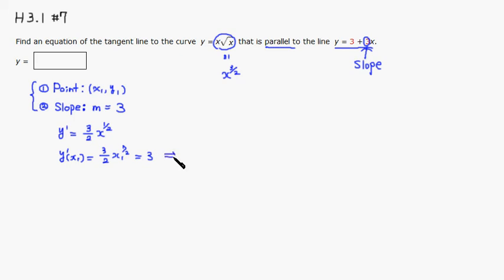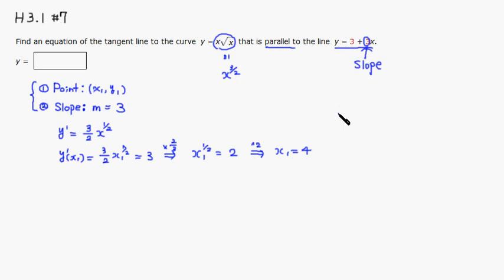First, we multiply by the reciprocal of 3/2, which is 2/3. So we get x1 to the 1/2 power is equal to 3 times 2/3, the 3's cancel out, so we get 2. Then we square both sides to isolate x1, and x1 is equal to 4.